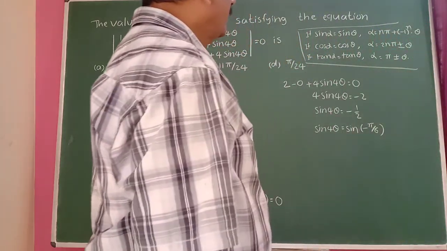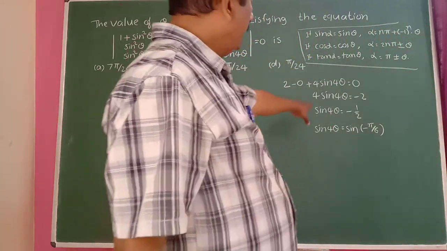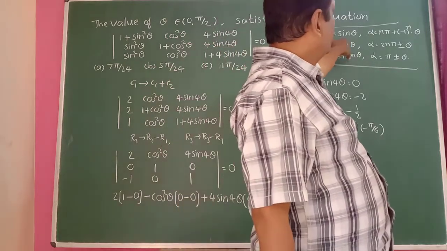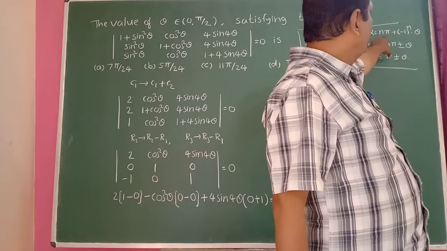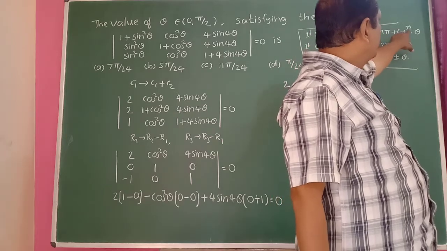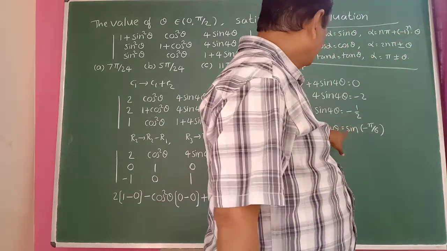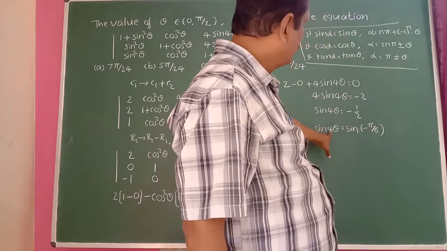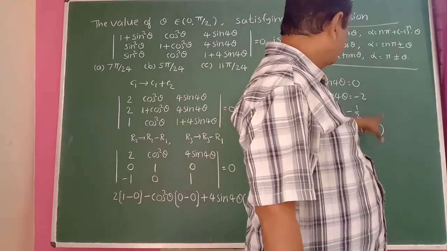In this case, you are using sin alpha is equal to sin theta. Therefore, alpha is equal to n pi plus minus 1 raised to n into theta. Here, alpha means 4 theta, and theta means minus pi by 6.